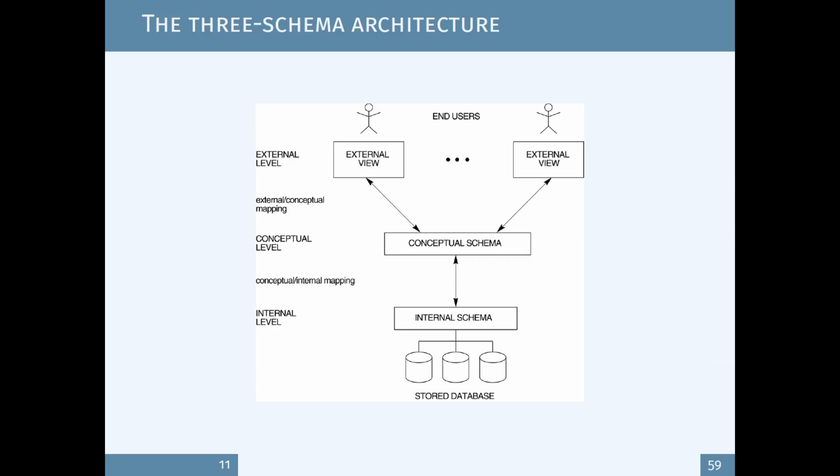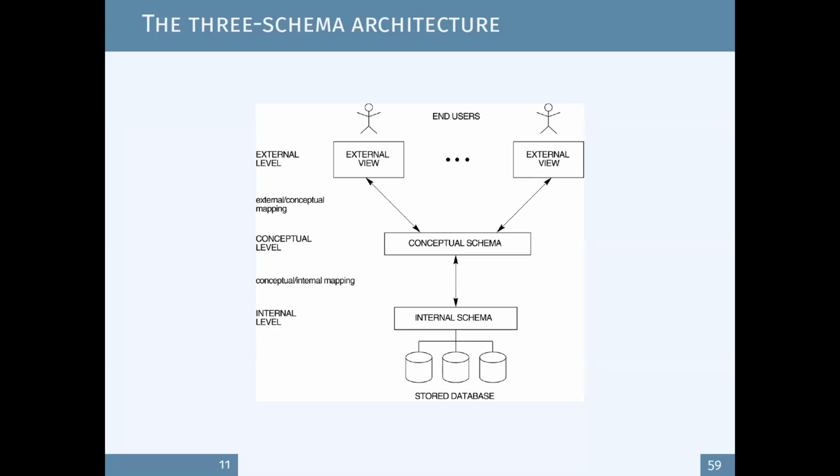So you have an internal level, we call internal schema, which refers to the storage details, the stored database. Then you have the conceptual level, which is in the middle, and the external level, where different users actually interact with the database. So this is called three schema architecture.